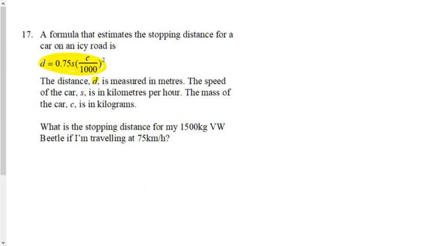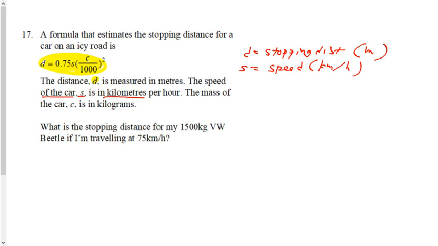The distance, D, is measured in meters. So D equals stopping distance, and I'm going to put meters here. S equals, I read here, S is the speed of the car in kilometers per hour. And the C is the mass of the car.